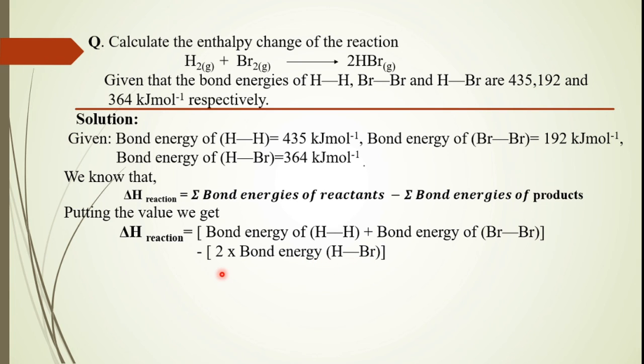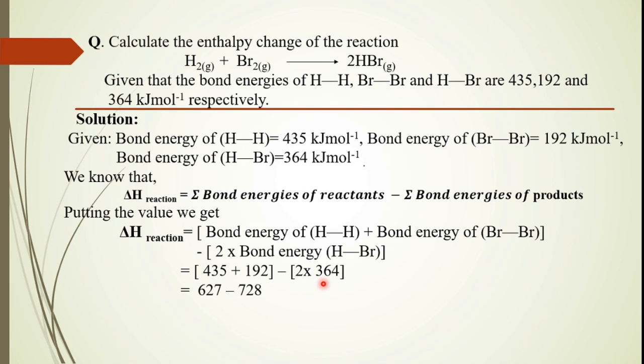Now putting the values: bond energy of H-H is 435, bond energy of Br-Br bond is 192, minus 2 into the bond energy of H-Br bond, which is 364.